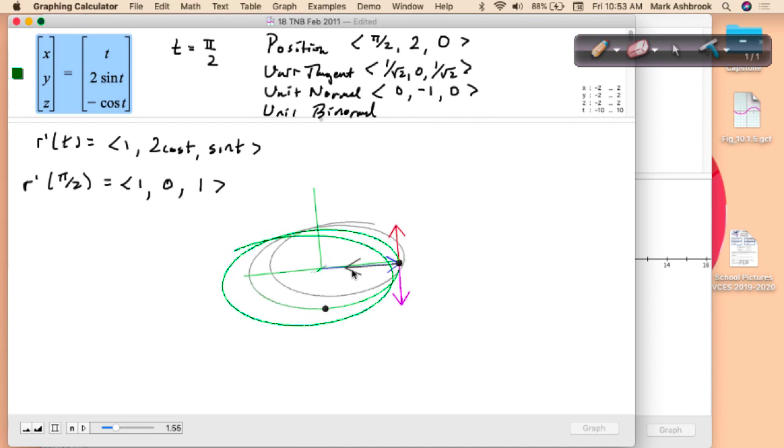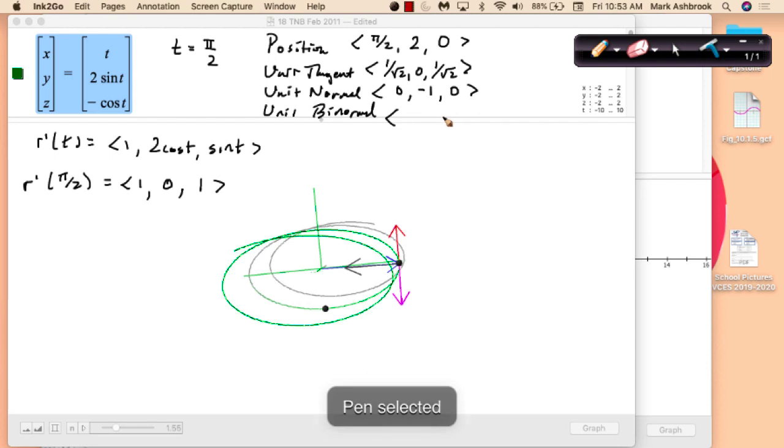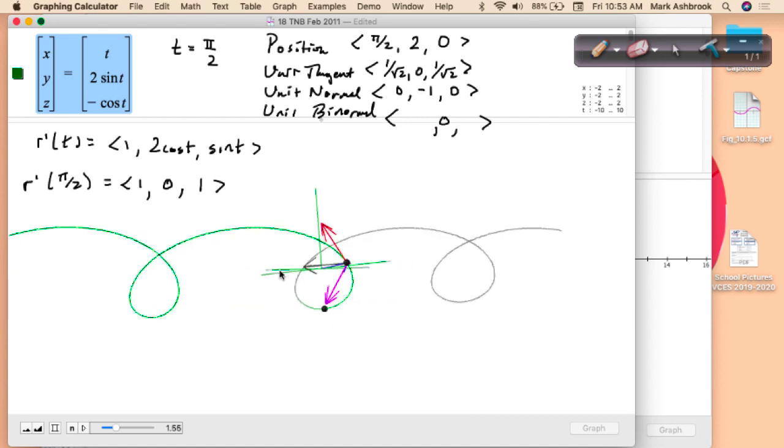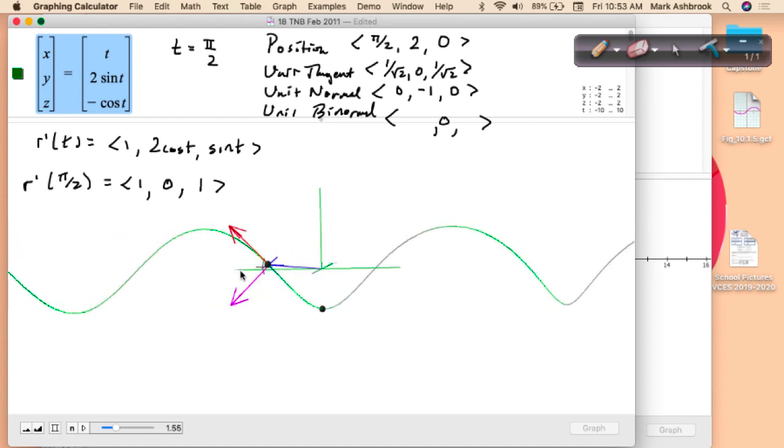It's parallel to xz, therefore y is 0. So just like the unit tangent, its y component is 0. And remember, those two have to have a dot product of 0, and we can use that fact to figure this out quickly rather than working through the cross product. We can work through the cross product, that's perfectly fine.